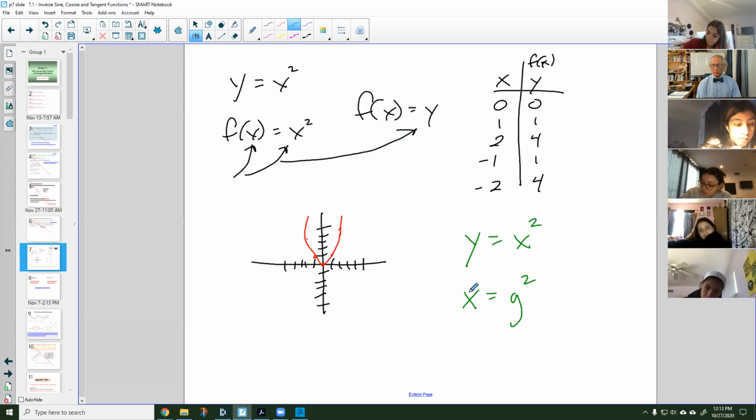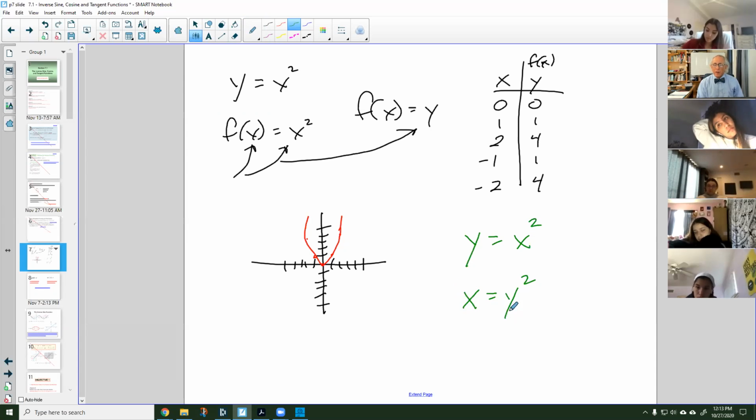All I did was switch the x's and the y's. That's all I did. An inverse function just says flip the x's and the y's. That's all it says.